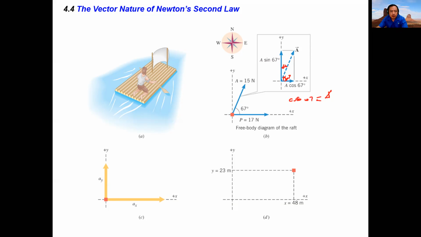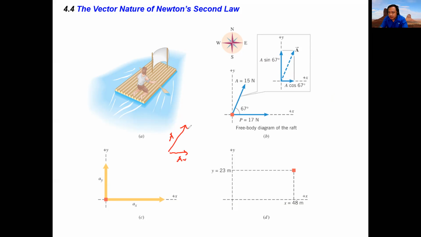Let me clear this. If I draw another one, this is your A, and here this is your AX.